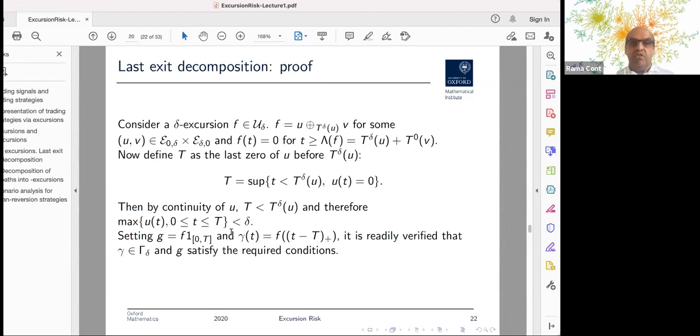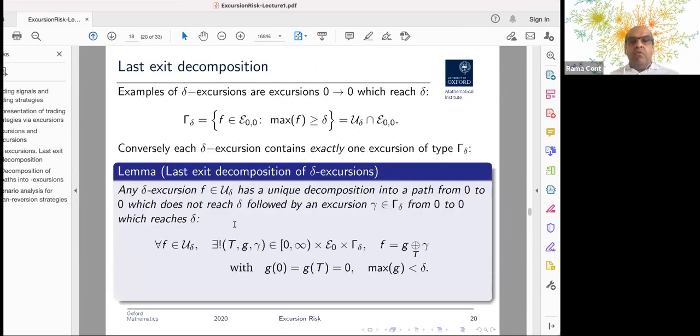So that's a decomposition. This last exit decomposition will be useful for us to find the correspondence, a way to count the delta excursions and link them with the classical excursions from 0 to 0. At this point, it's not clear, but it will become clear when we look at the Ito theory.